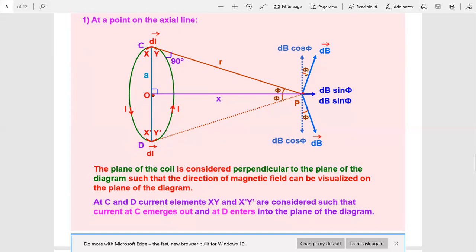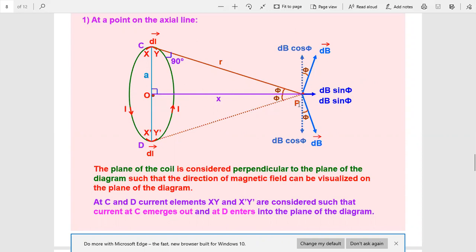Now we resolve this magnetic field into two components. Say this position vector makes an angle phi with the x-axis, and this is perpendicular to the x-axis. So you can resolve this dB into two components, dB cos phi and dB sin phi. You see that half the portion of the circle will have a component in this direction and the other half will have a component in this direction.